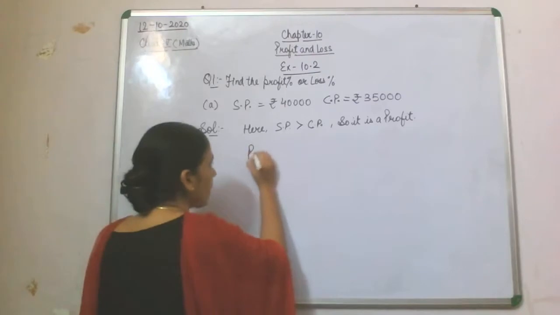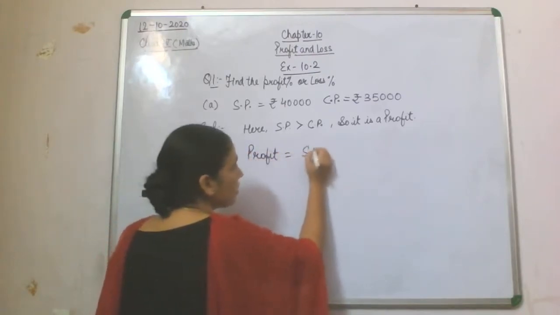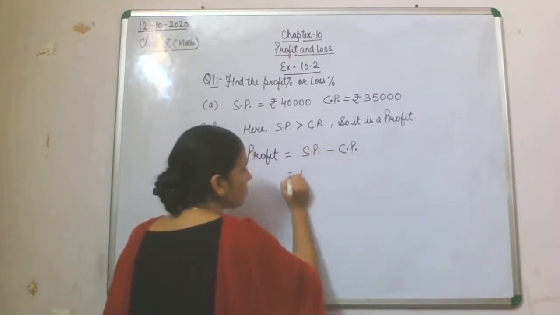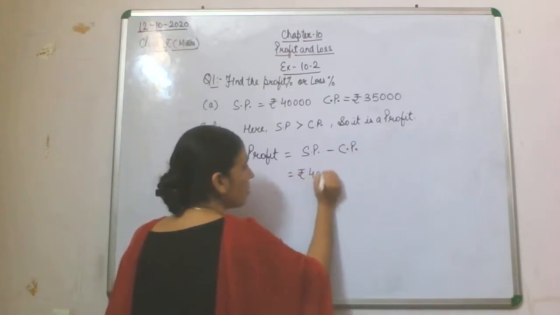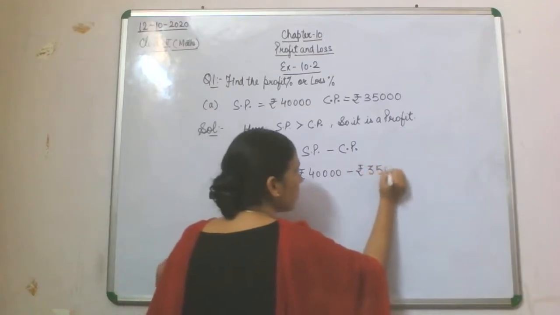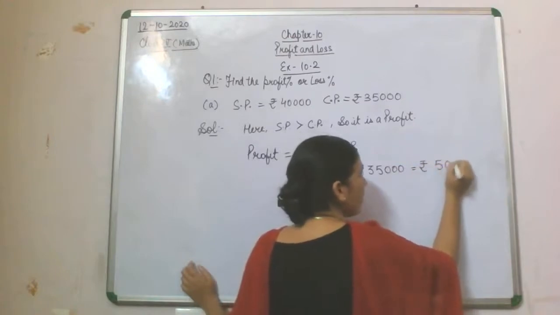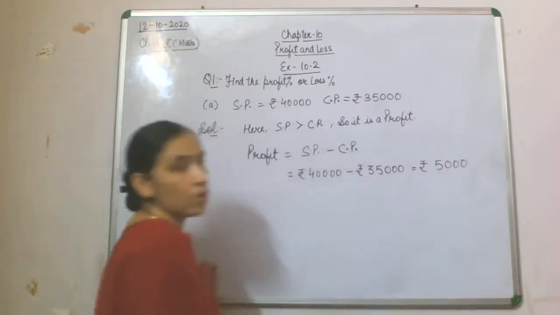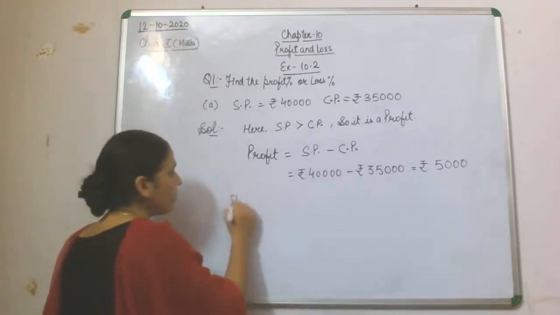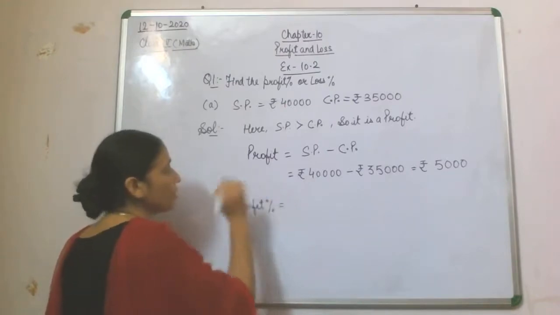So first of all we will calculate profit, after that we will calculate profit percent. Selling price minus cost price, rupees 40,000 minus rupees 35,000. So what we are getting, rupees 5,000 is your profit. Now next we will calculate profit percent, which is the question itself.